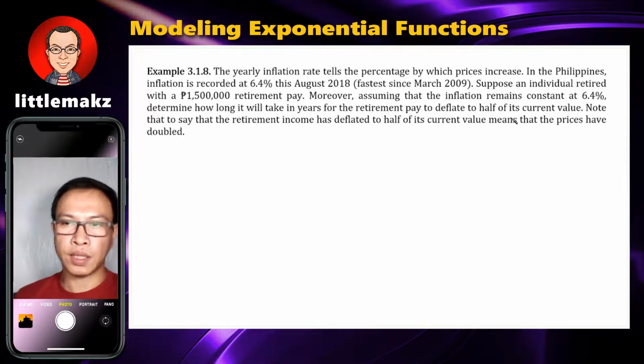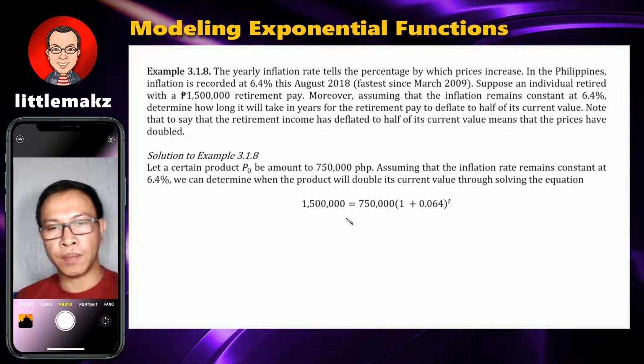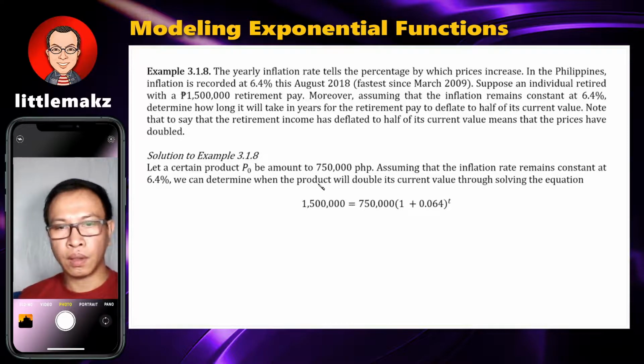Assuming that the inflation remains constant at 6.4%, determine how long it will take in years for that retirement pay to deflate to half of its current value. Note that if the retirement income has deflated to half of its current value, that means the prices have doubled. With that, our function would be this, considering that p sub 0 is the amount of 750,000 pesos.